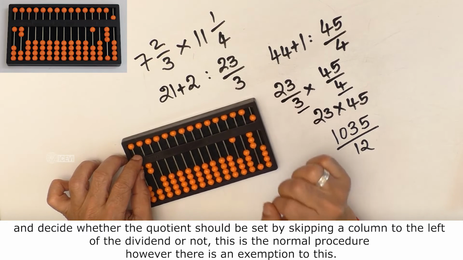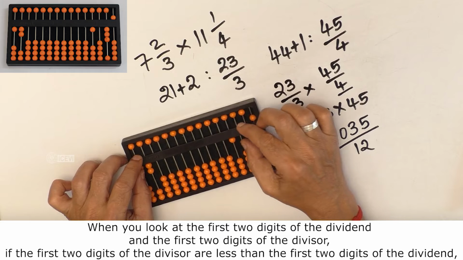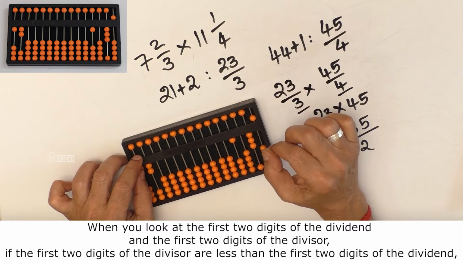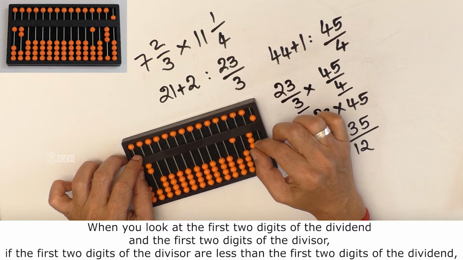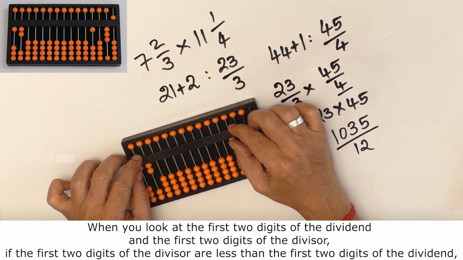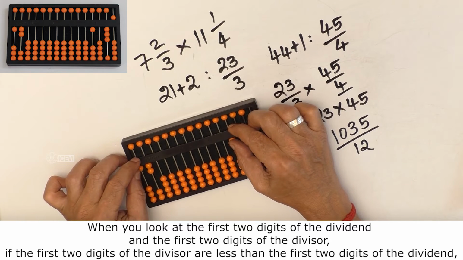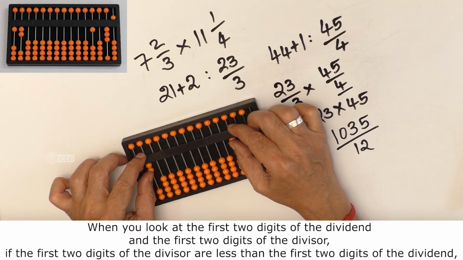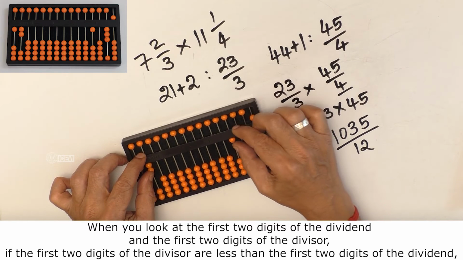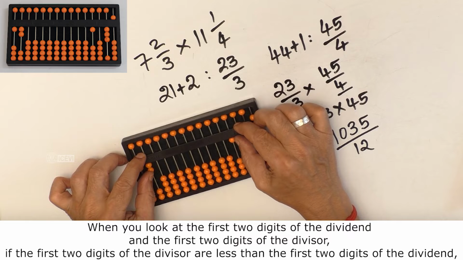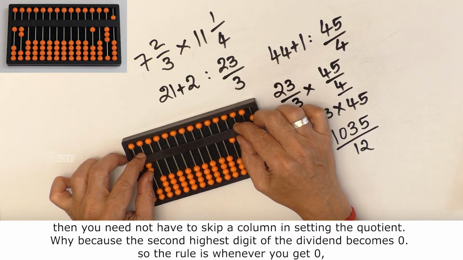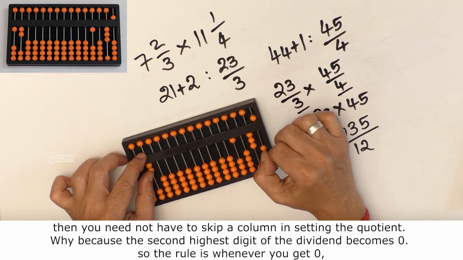However, there is an exemption to this. When you look at the first two digits of the dividend and the first two digits of the divisor, if the first two digits of the divisor are less than the first two digits of the dividend, then you need not skip a column in setting the quotient.